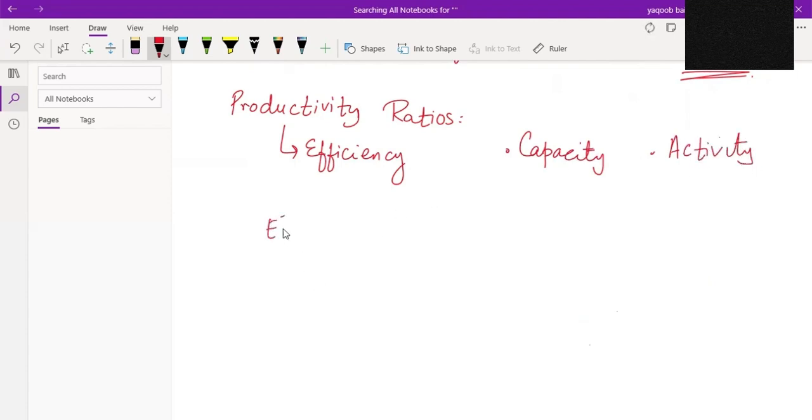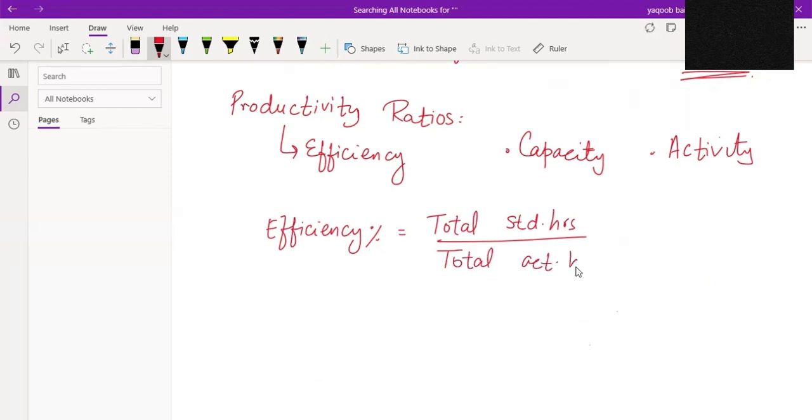First of all, we have efficiency ratio, which is equal to total standard hours divided by total actual hours into 100. Now, how to calculate total standard hours?